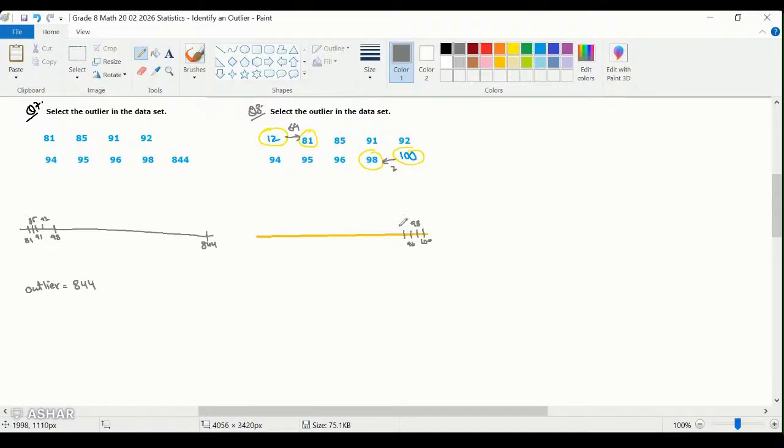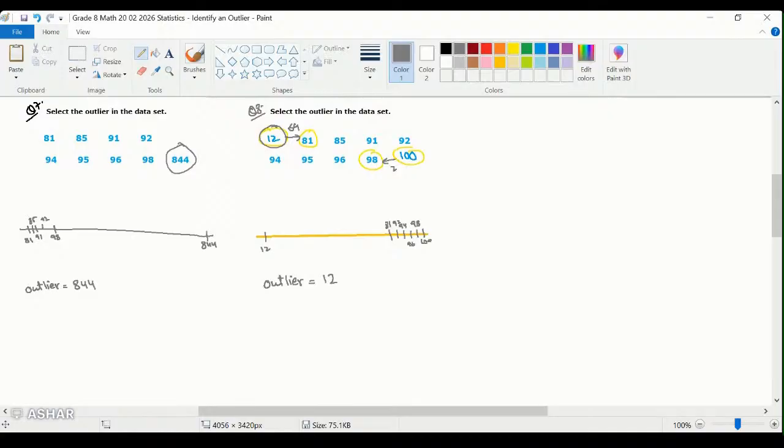Let's suppose 94, 92 goes till 81, and this number was way far away. So an outlier can be a minimum number or a maximum number. The only definition we have for an outlier is that it's an extreme number. All the numbers would be close to each other, whereas an outlier would be far away.